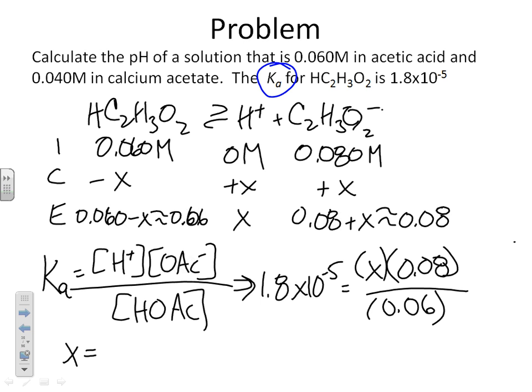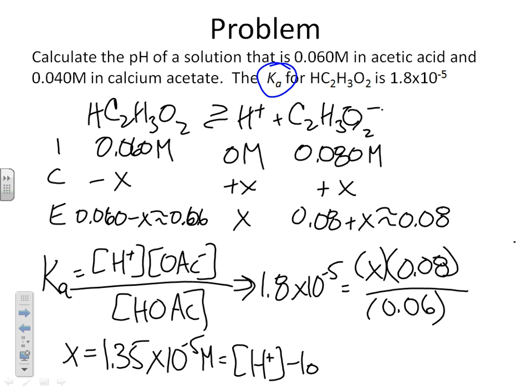We're solving for x here, so we get a value of, checking my notes, 1.35 times 10 to the minus fifth. And that is equal to our hydrogen ion concentration, so we want to take the negative log of that, right? Negative log of 1.35 times 10 to the minus fifth. We get a pH of 4.87, right?